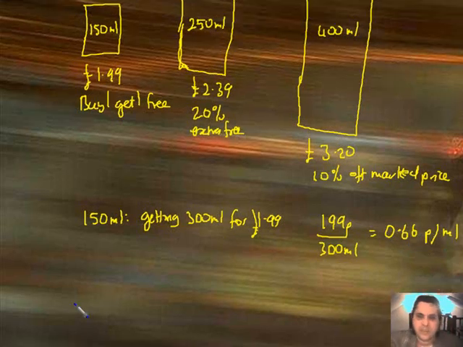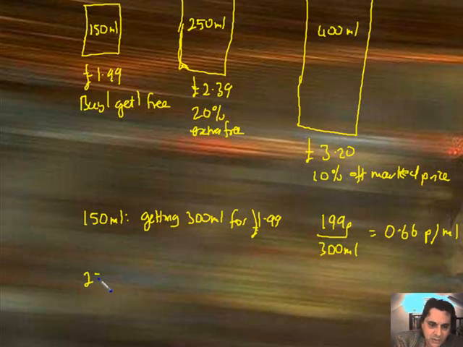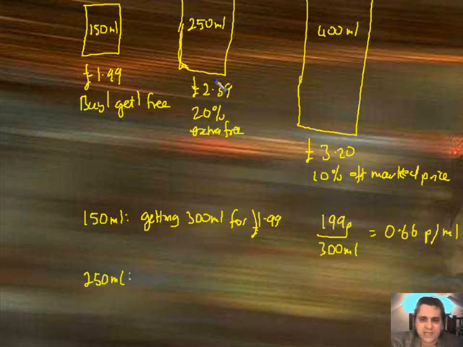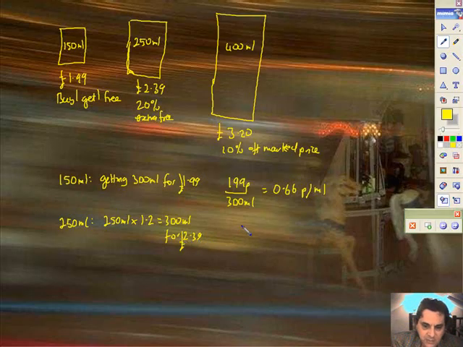Now let's do the 250ml arrangement. 20% extra free, so let's use multipliers: 250 milliliters times 1.2 gives me 300 milliliters, and I'm going to get that for $2.39.